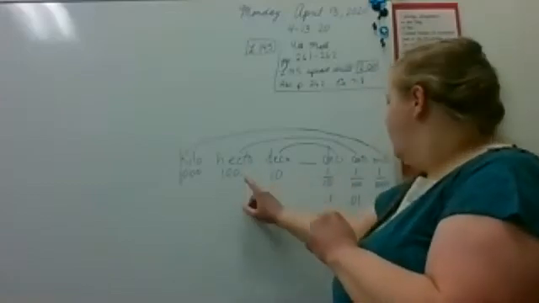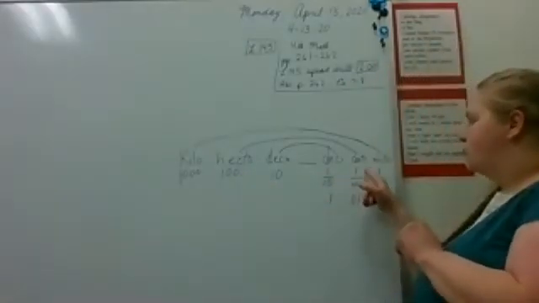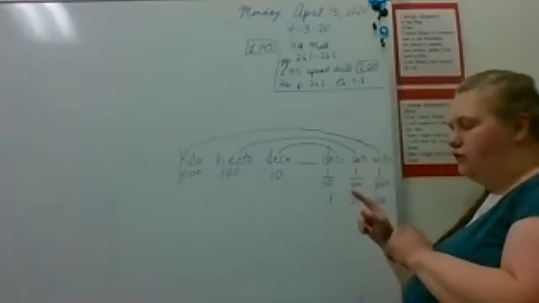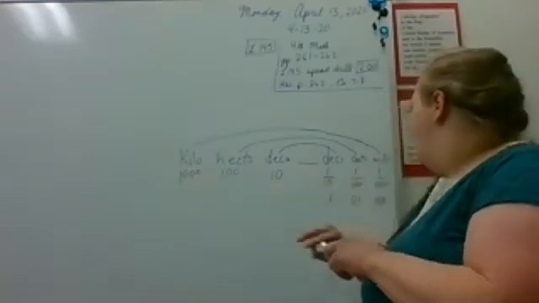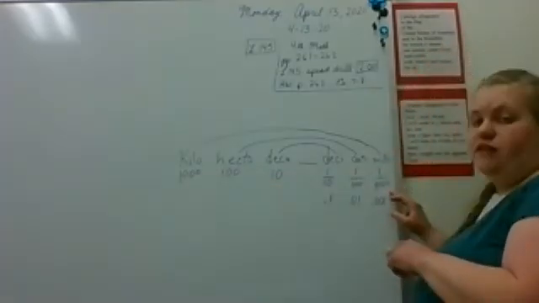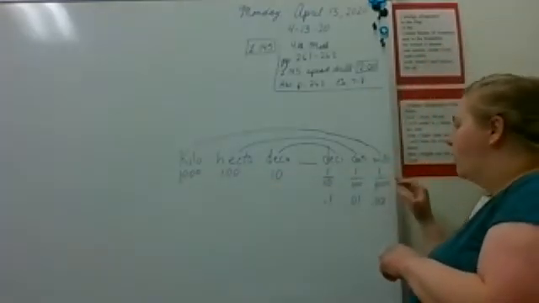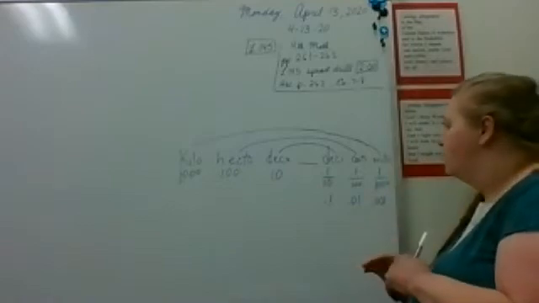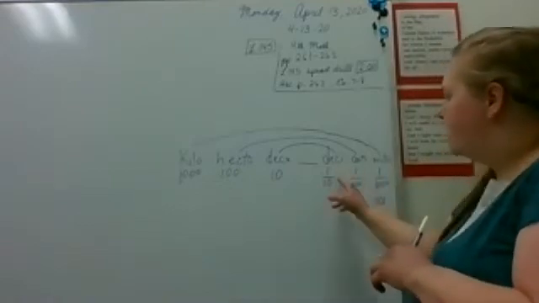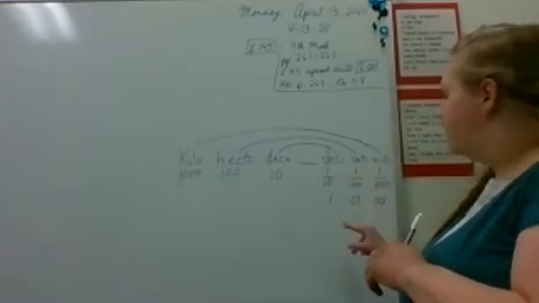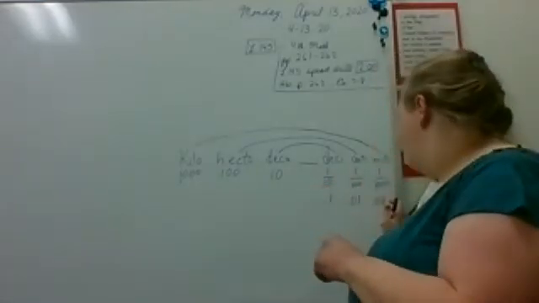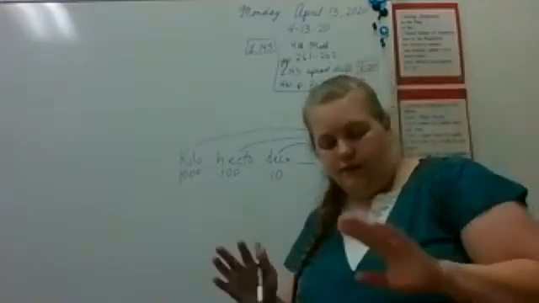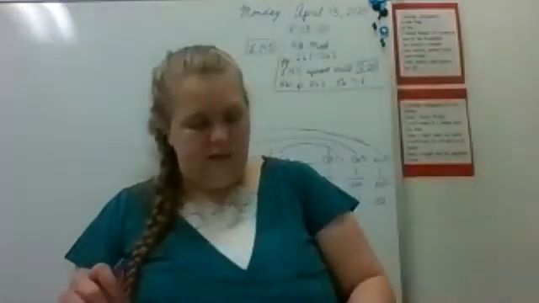Hecto means 100, centi means 100, but it's 1/100th. And kilo means 1,000, and milli means 1,000, but this one is 1/1,000, okay? So if it's easier to think of it in the fraction than it is the decimal, do the fraction, okay? If both of them are easy, great. Would be thrilled to hear that, okay?